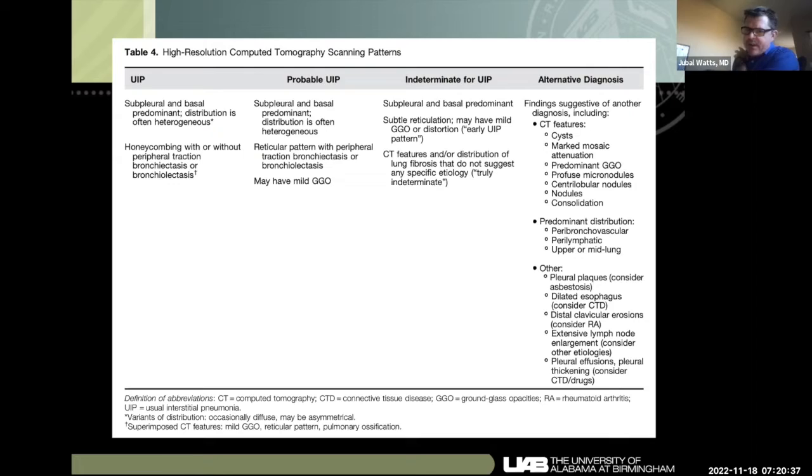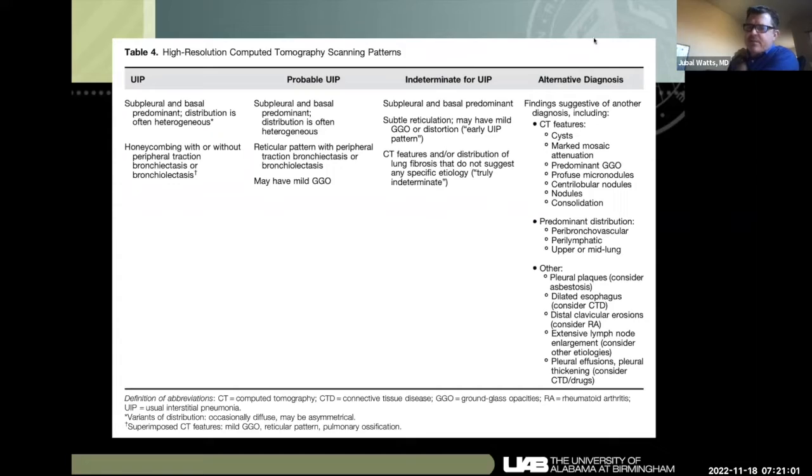Or if they have some upper lobe ground glass densities, kind of non-specific looking, but everything else looks like UIP, then you would call it indeterminate for UIP. And those patients may need biopsy. And also, according to ATS, if the disease is very mild, if they have just very subtle reticulation, but without traction bronchiectasis, so very early looking UIP, they would say call it indeterminate.